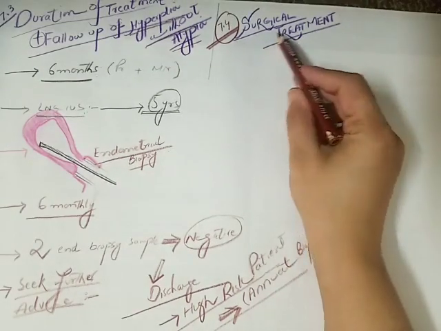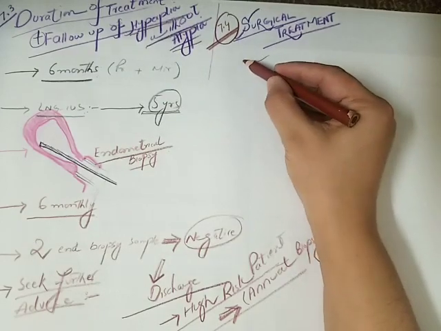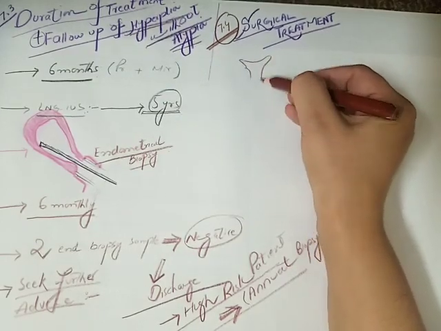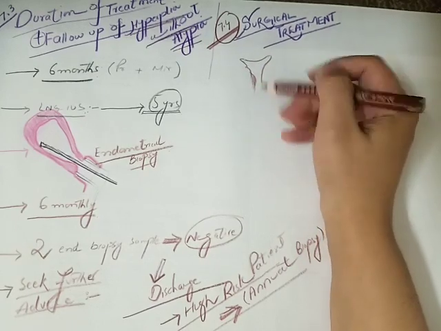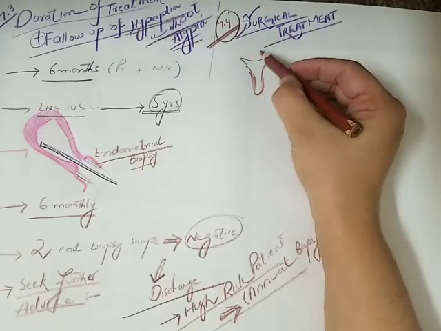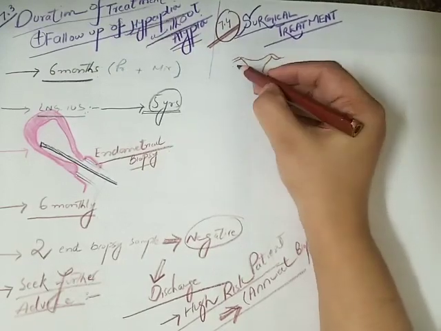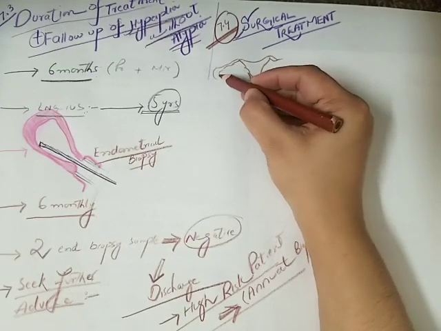Now come to the surgical treatment of the patient with endometrial hyperplasia without atypia. Sometimes the patients with endometrial hyperplasia are so tired and depressed of their abnormal bleeding that they opt for surgical management. They usually want the hysterectomy.